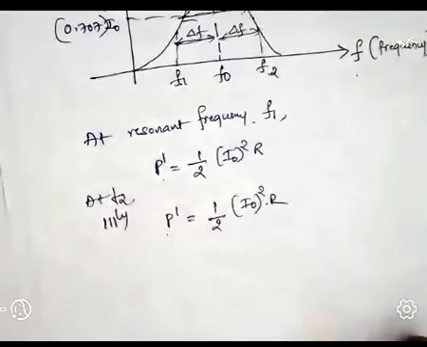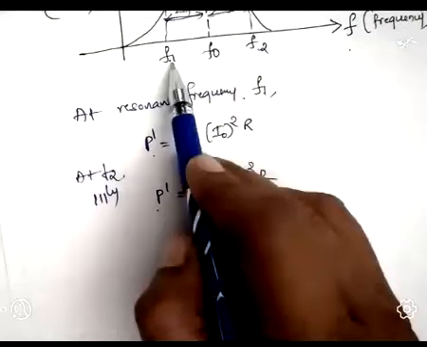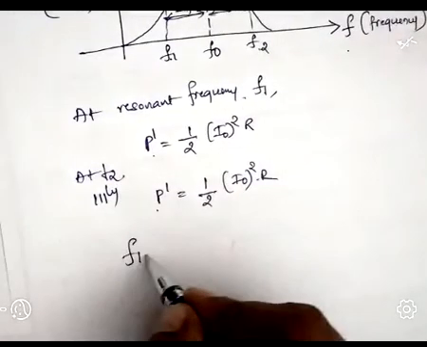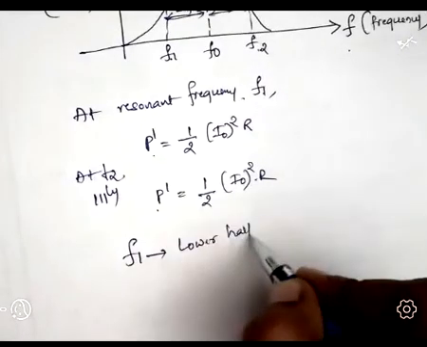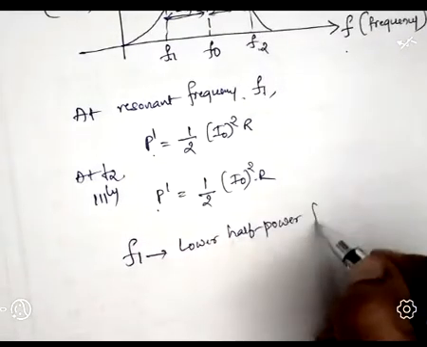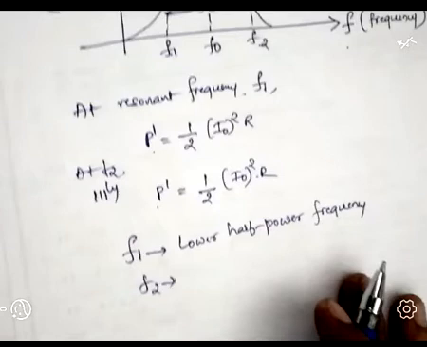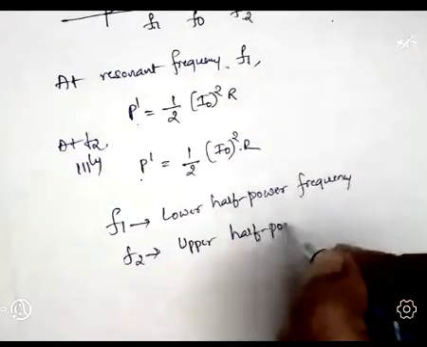Okay. Thus, F1 is called the lower half power frequency, where F2 is called the upper half power frequency.